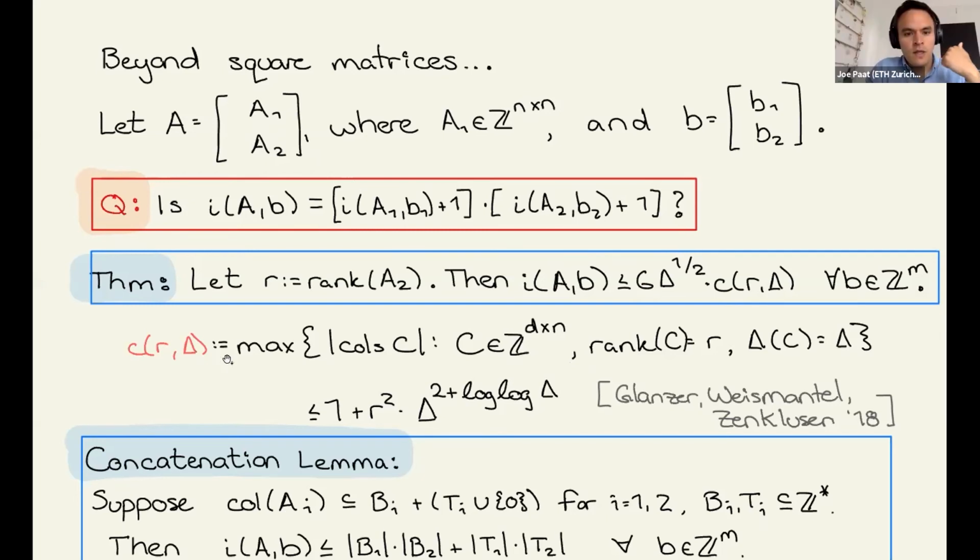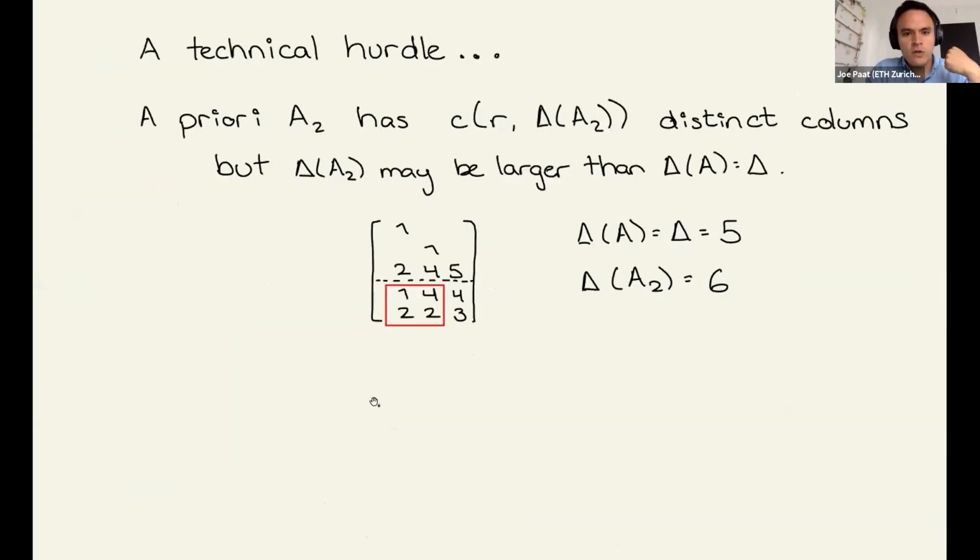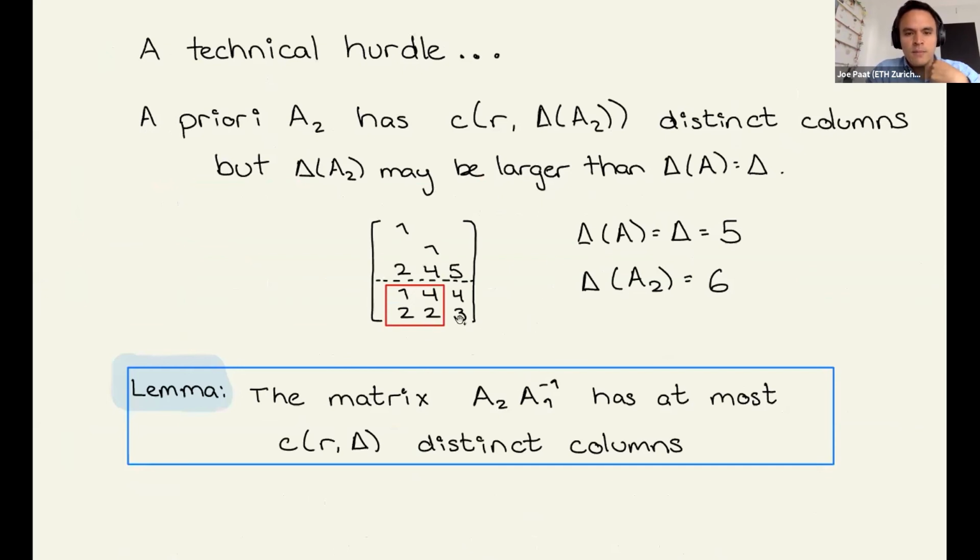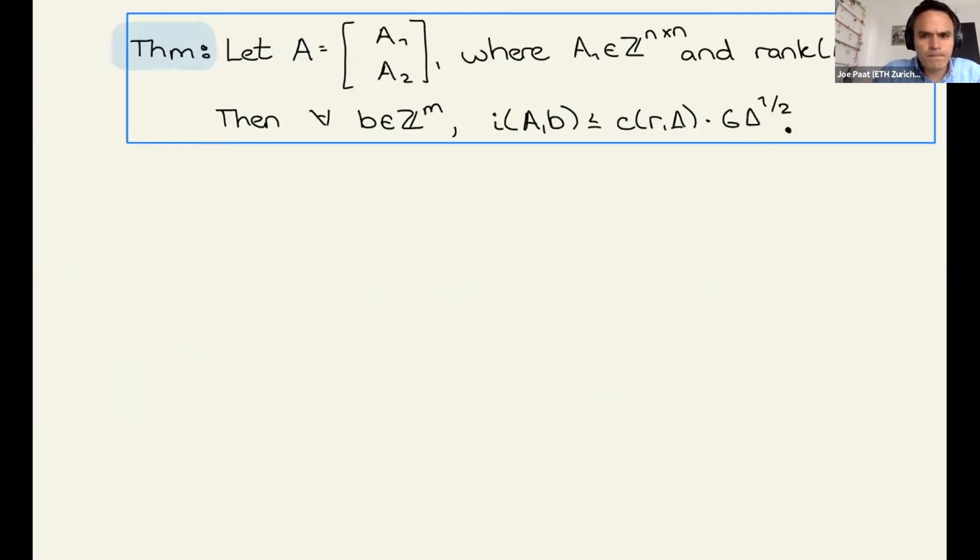Okay, thanks. So there is a technical hurdle that the number of rows of A2, or the determinant, can be much, much larger than this delta term we care about. But you can show that you can get around this. You can show that the columns of A2 are isomorphic to a nice matrix that we actually care about.